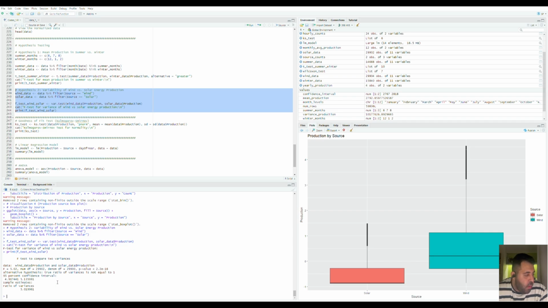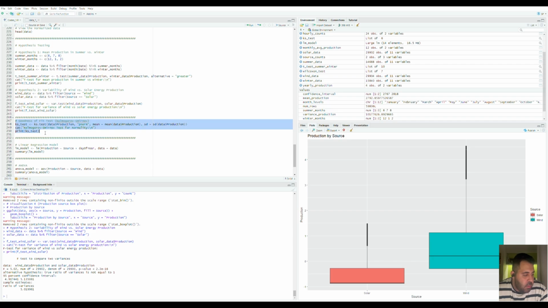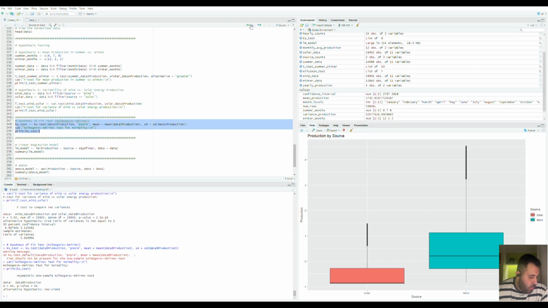Yeah, let's move on to the goodness of fit test. Let's run this again. Let me highlight it here. Our objective for the goodness of fit test is to determine whether the production data follows a normal distribution using the Kolmogorov-Smirnov test, which I'll shorten to KS test.